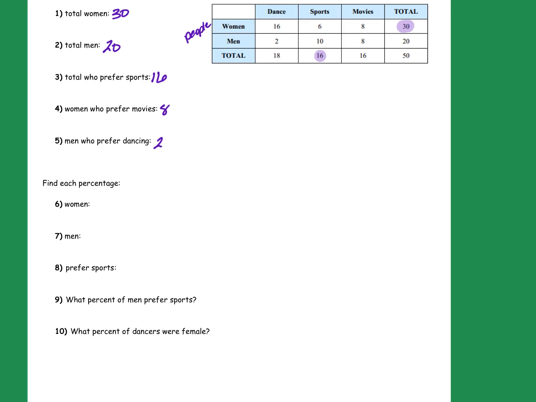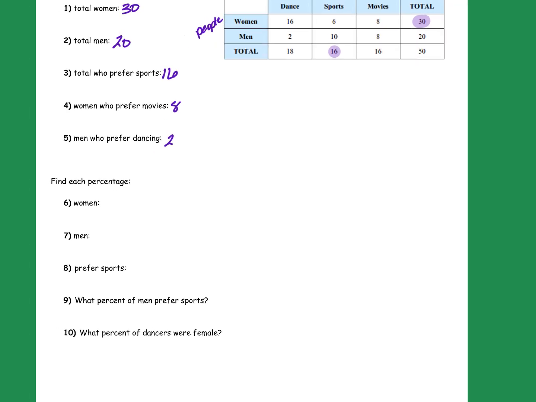Sorry, guys. So now we want to find a percentage, okay? Now this time instead of just numbers, we're going to have a fraction, which then we're going to turn into a percent, correct? And how do we turn a fraction into a percent? Who remembers? We divide and then conquer. But how do we conquer?